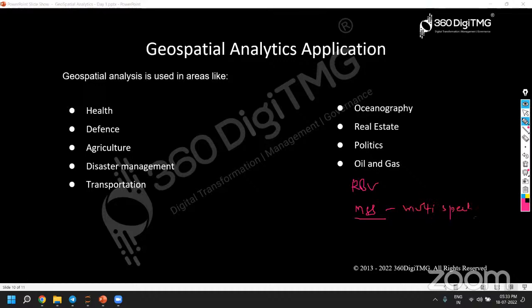This was a success. Return Beam Vidicon was a failure, but this was a success, and there was no looking back.